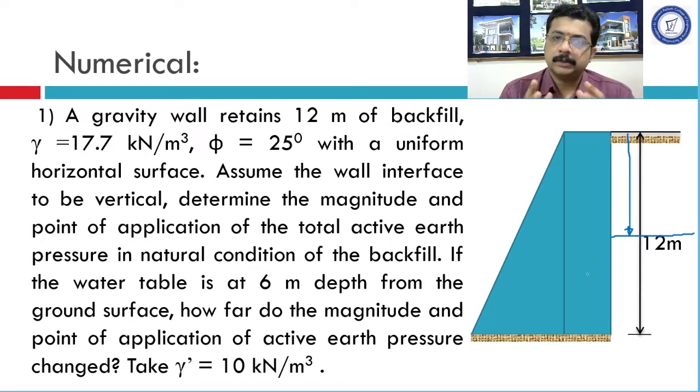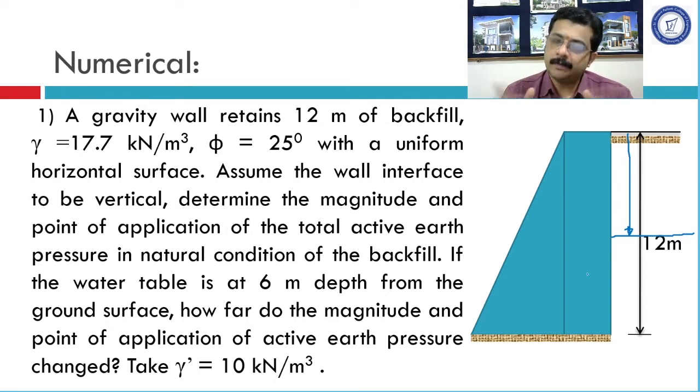In this way, the results of condition 1 will be ready with us. After that, we will go for the condition 2, in which we will be considering the water table, and the submerged unit weight which is given will be considered for the calculation of total active earth pressure. We will calculate its value. So also we will locate its point of application.